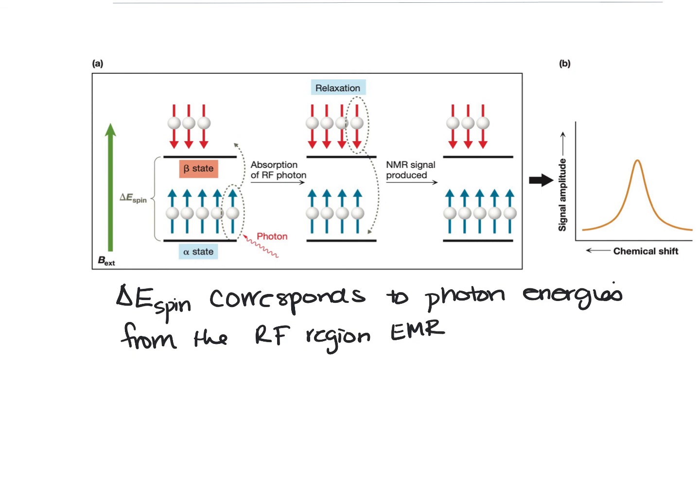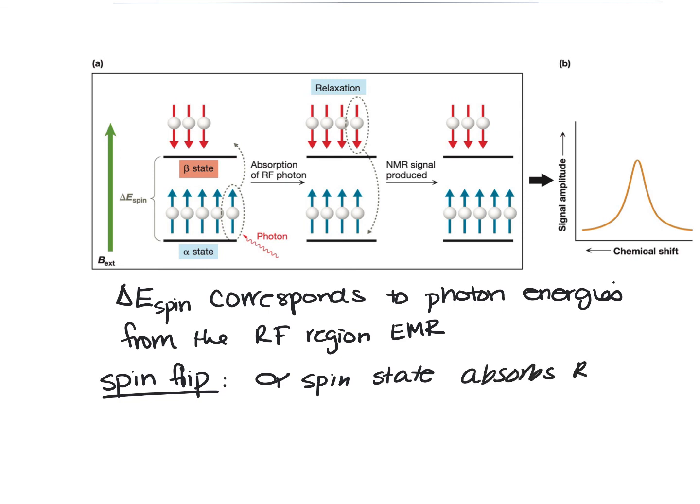That means that a nucleus in the alpha state can absorb an RF photon and be promoted to the beta state. This is called a spin flip. When we talk about a spin flip, an alpha spin state absorbs an RF photon and is promoted to the beta state.